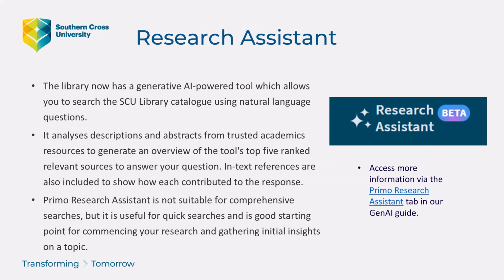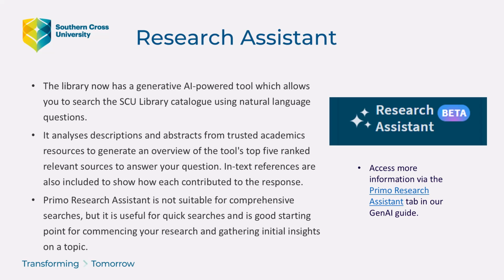To also assist with your searching, the library has recently adopted a generative AI-powered tool which is useful as a starting point for your research and general study. The tool allows you to search the SCU library catalogue using natural language questions. The tool then analyzes descriptions and abstracts from trusted academic resources to generate an overview of the tool's top 5 ranked relevant sources to answer your question.